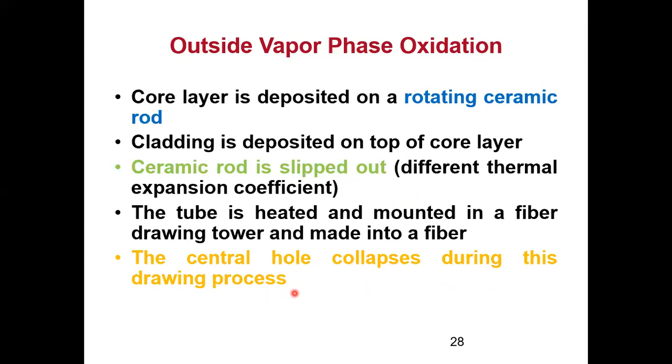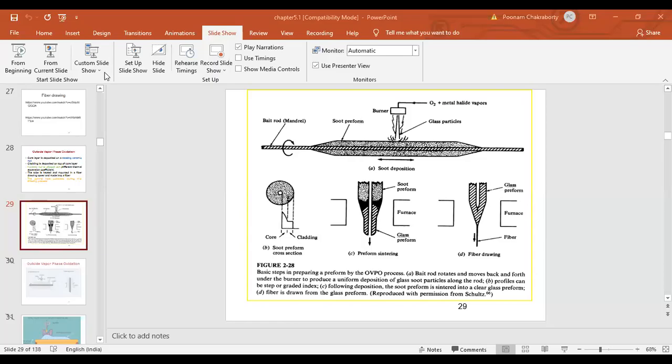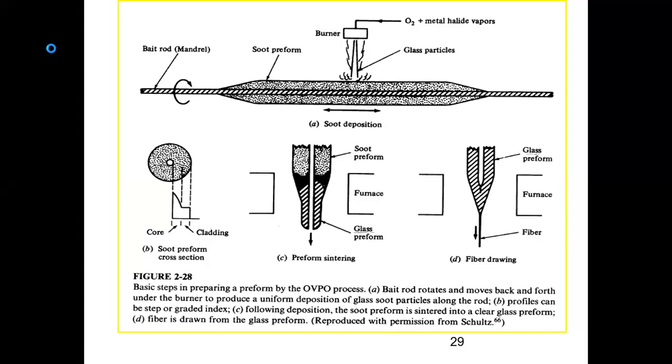So this is the diagram, which if you try to understand, I had this ceramic rod, and I'm rotating the rod. I call it the bait rod, or the mandrel. And then, okay, I have this rotating rod, and here is the oxyhydrogen torch.